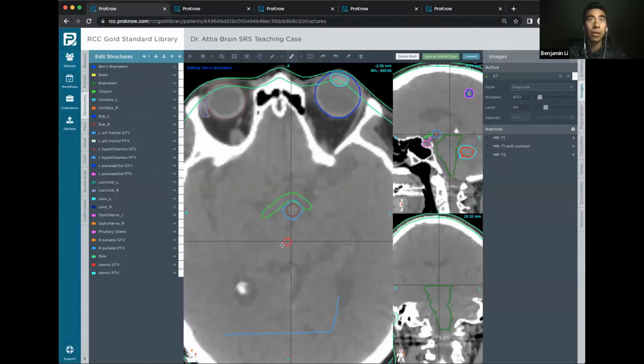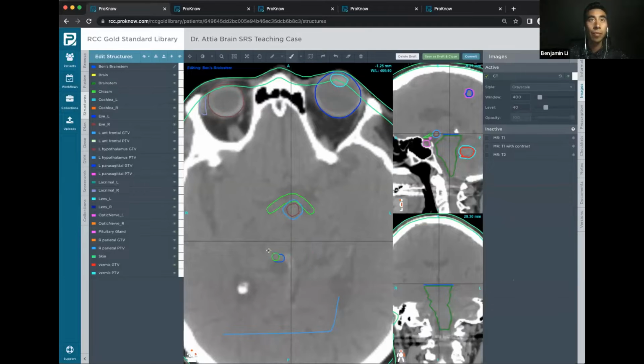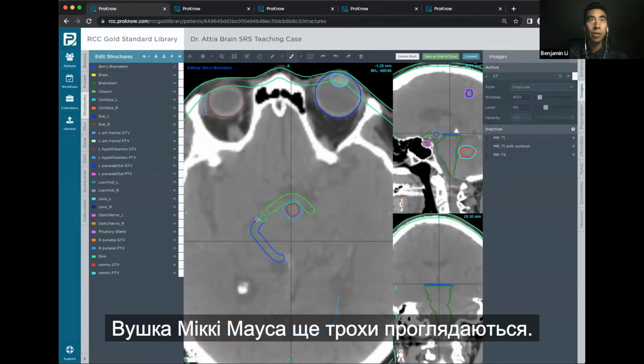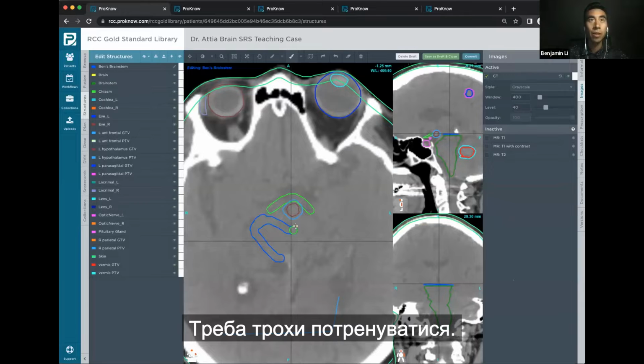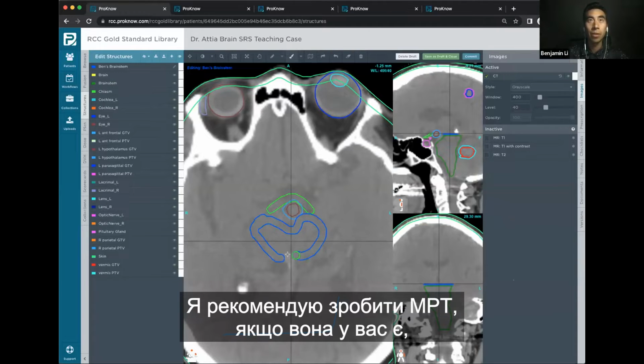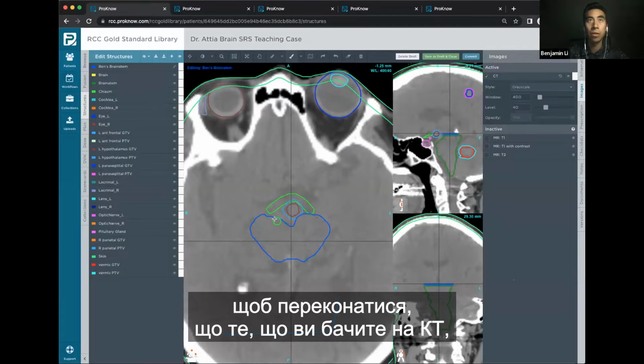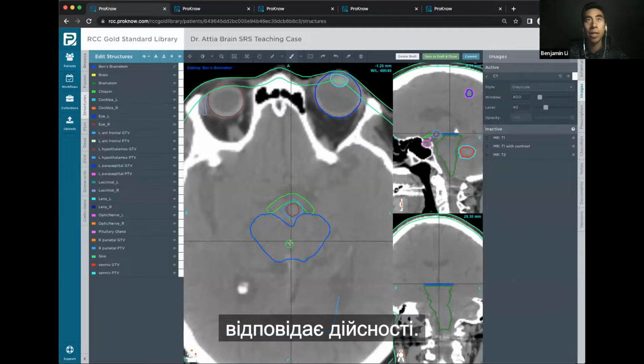So you see your Mickey Mouse ears. You can see the Mickey Mouse ears still a little bit. It takes a little bit of practice. I recommend looking at an MRI if you have it, so you can practice on those cases and make sure that what you see on CT is matching.